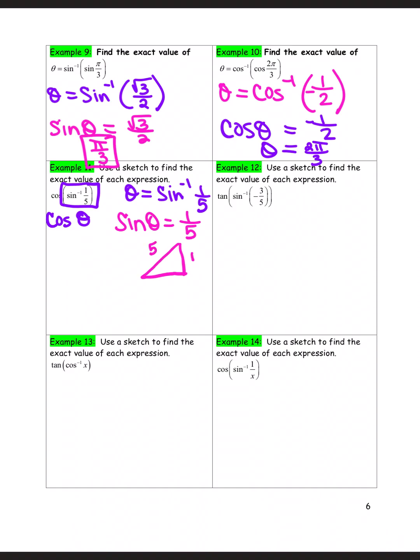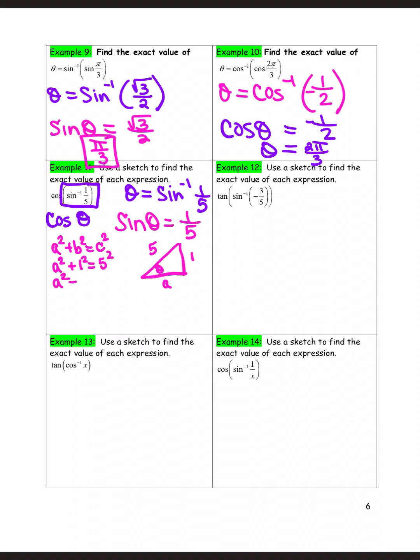So I can use the Pythagorean identity and solve for a or b, whatever letter you want to call that. So I have a squared plus b squared equals c squared. So I have a squared plus 1 squared equals 5 squared.